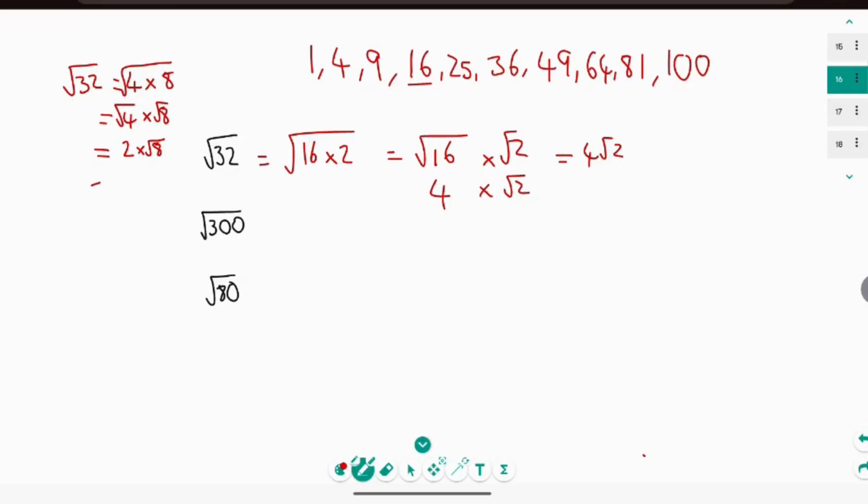Root 8 you can write as square root of 4 times 2. So can you just see it would have taken you longer? Square root of 4 is 2. 2 times 2 is 4. 4 root 2, same answer.